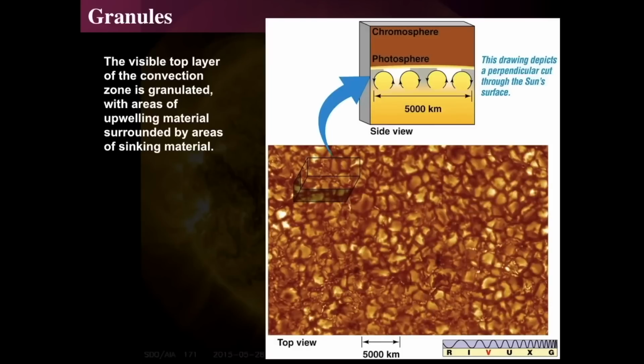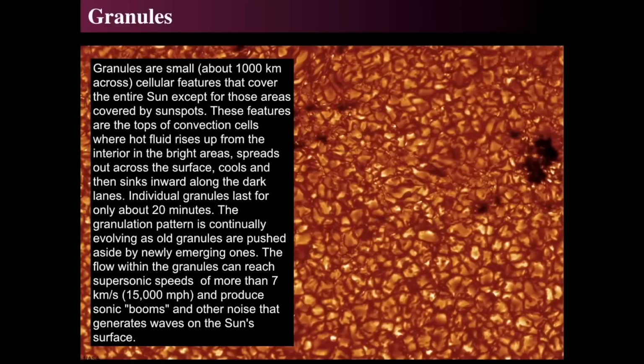And so they move around and they provide the base of the photosphere. Basically the granulation that we see here, those are the things that are what we call the photosphere. So granules are pretty small features, and pretty small is 1,000 kilometers, or about 600 miles across.